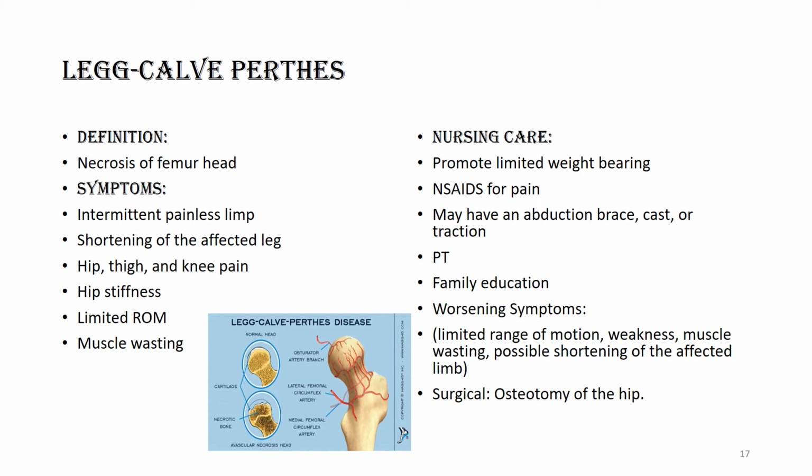If it's mild, the patient will go home, and the parents will know that when they complain of pain, they need to rest. They need to have their NSAIDs, and they need to wear their brace. However, worsening symptoms would be weakness and more muscle wasting, and more shortening of the affected limb requires surgery, and it's an osteotomy of the hip.